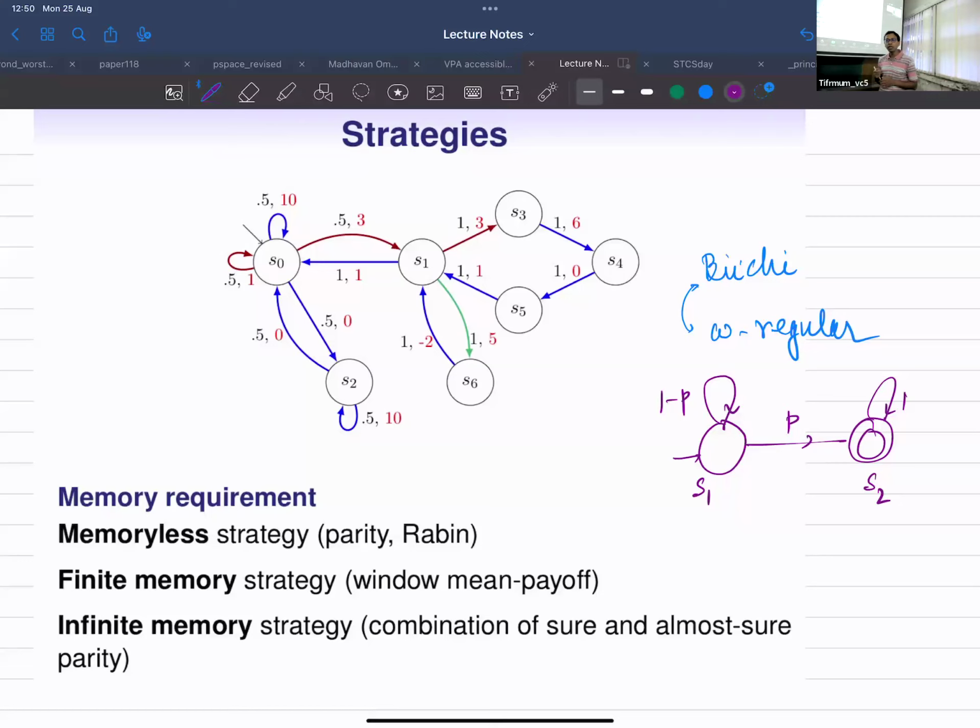No, because there is a measure 0 infinite path which just keeps repeating here. It can just keep on taking the self loop. So that is an almost surely satisfying the reachability property, but not surely satisfying the reachability property.